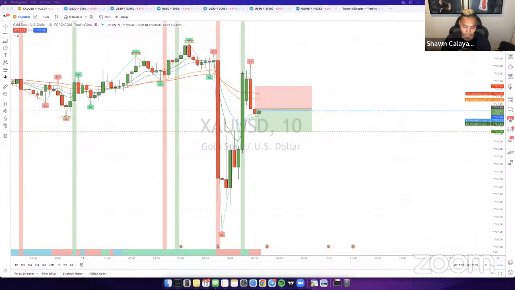Oh my gosh. I literally just blew all my accounts, I don't know what happened here. It blew all of my MFF accounts. I'm starting to not like MFF. I don't even know how I had a loss there. This is crazy. It just blew all my MFF accounts, all three of them.